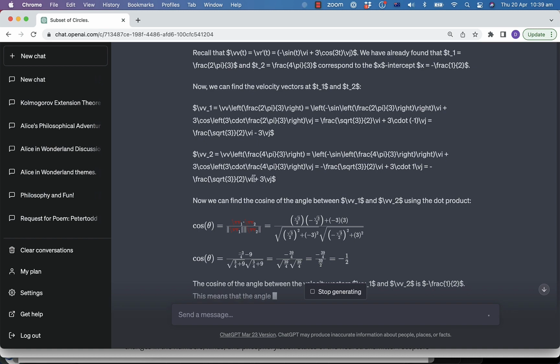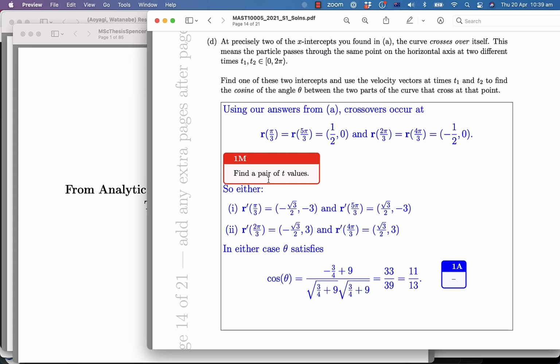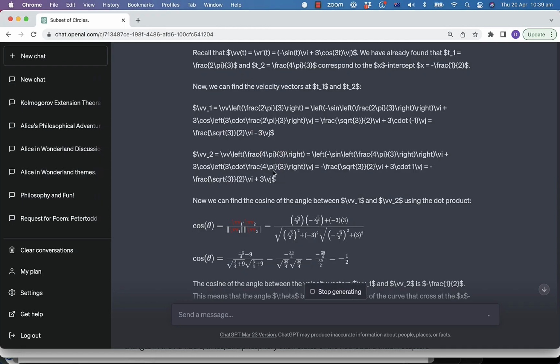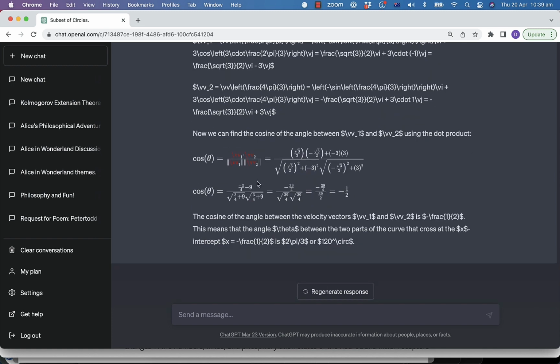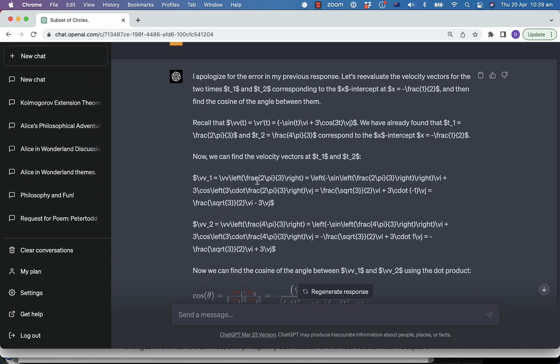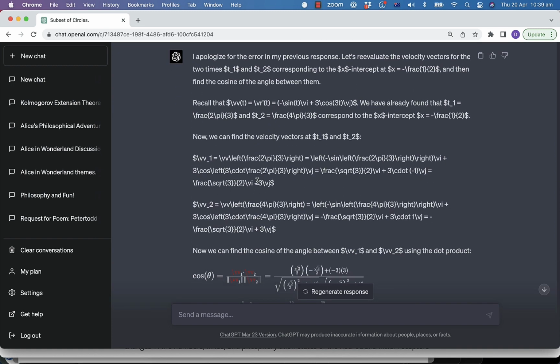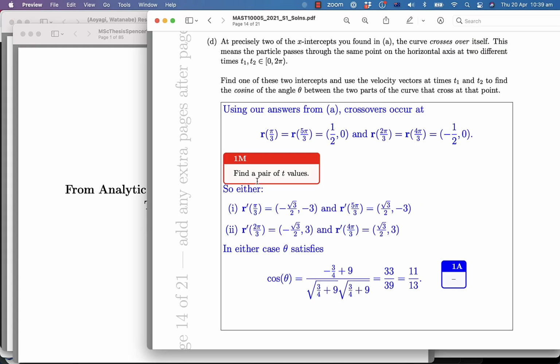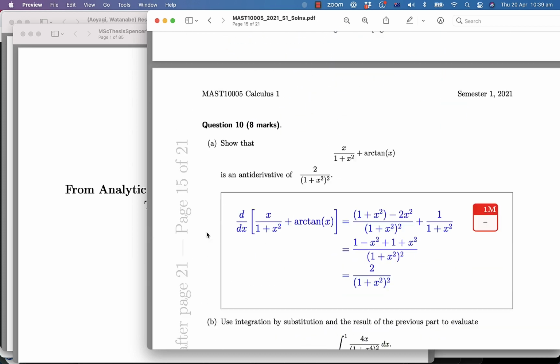No, this is the velocity vector at 2 pi on 3. 4 pi on 3, root 3 on 2, 3. Oh, closer. Yeah, it's actually really close. It's just got some small errors. That's pretty interesting, but I think we'll give it 1 mark for working, Ken, and move on. Not D, 1 out of 2.